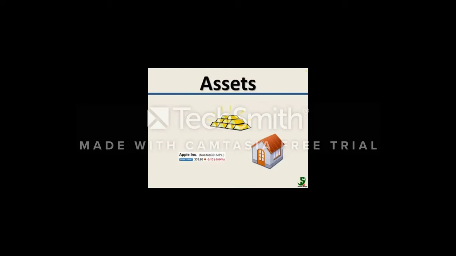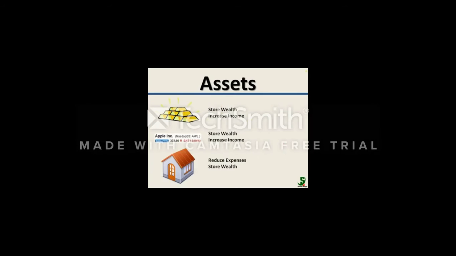An asset is any item with economic value that can be converted to cash. Assets are resources that can be used to create income or reduce expenses and to store value. Here we see 3 assets: gold, stock, and a house. Let's look at what these assets do for us.